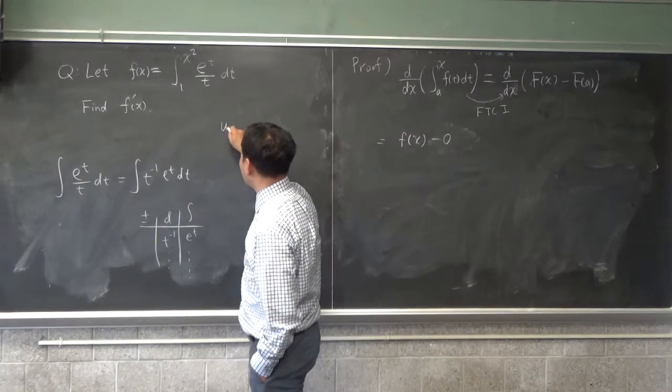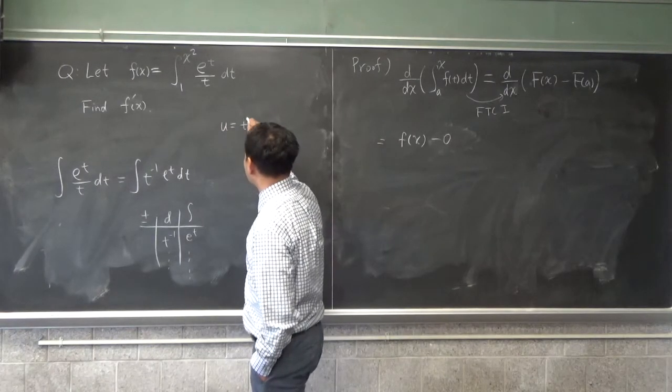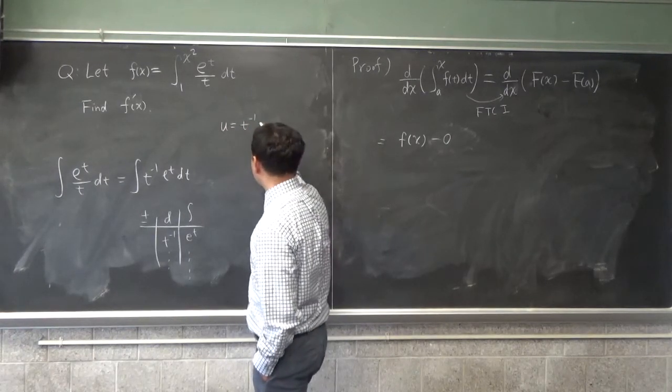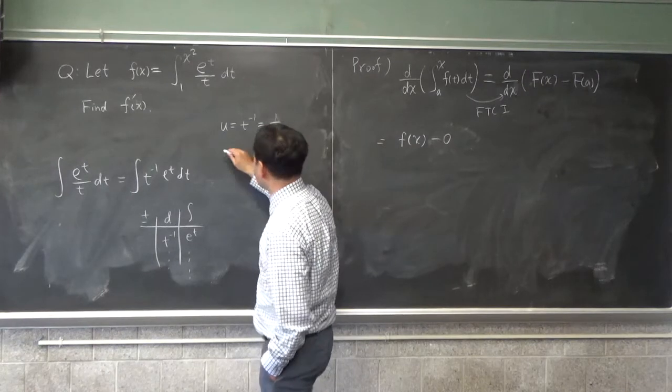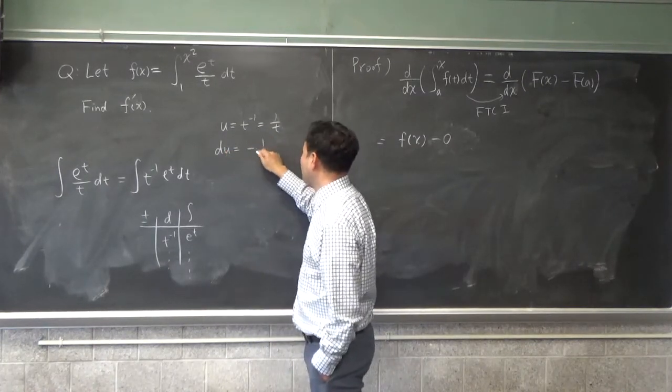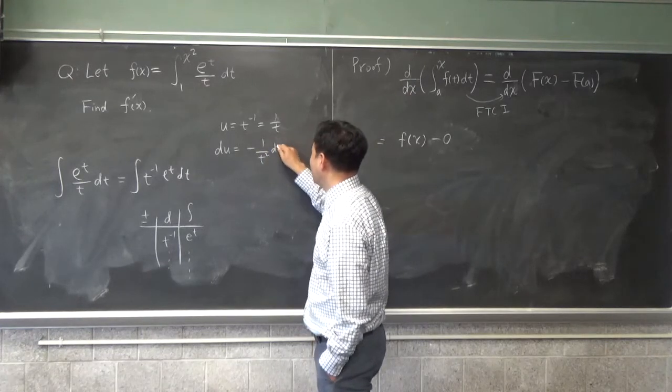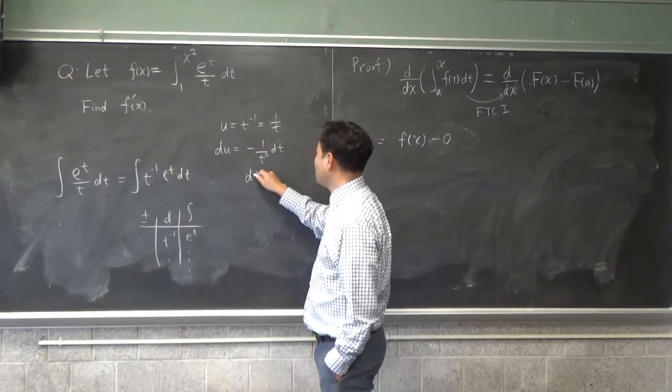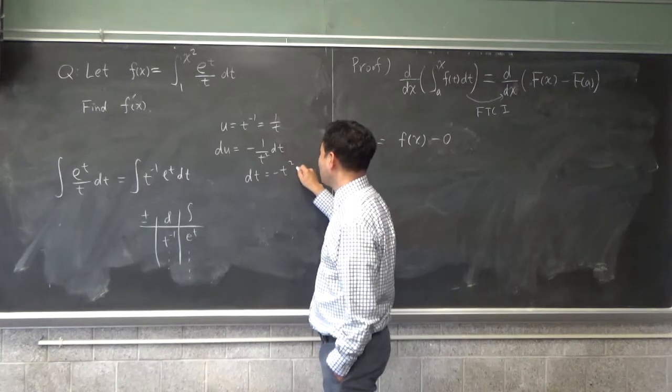What if we say u is equal to t -1, which is like 1 over t, so that du would be -1 over t squared dt, so that dt would be negative t squared times du.